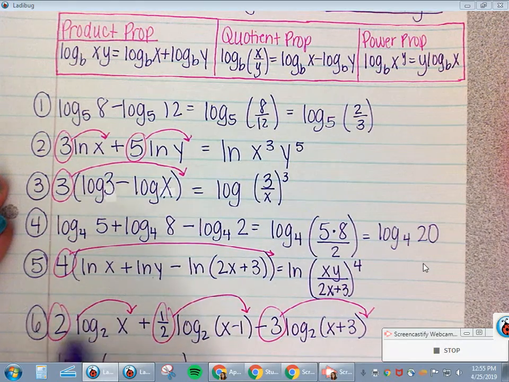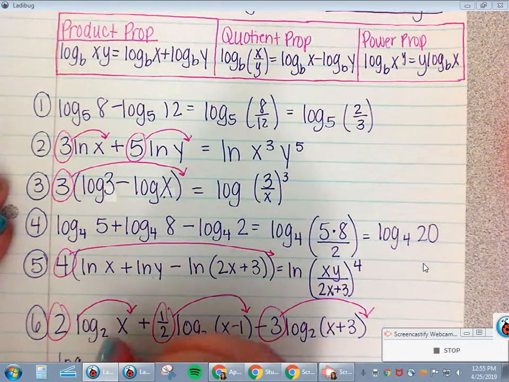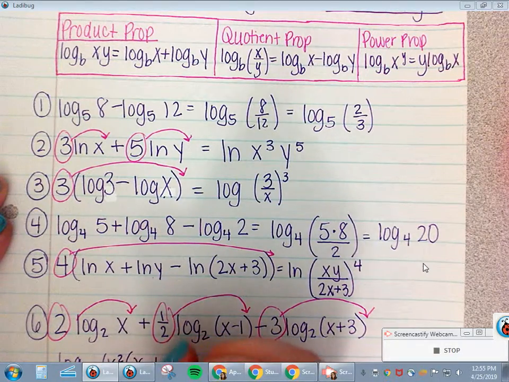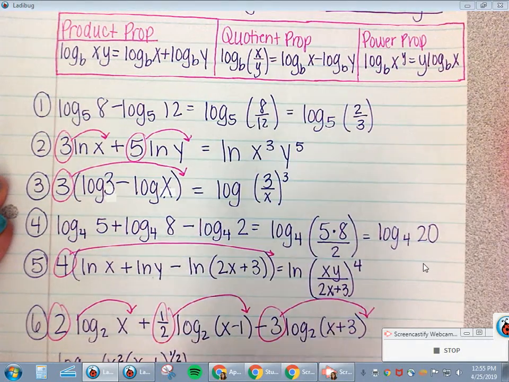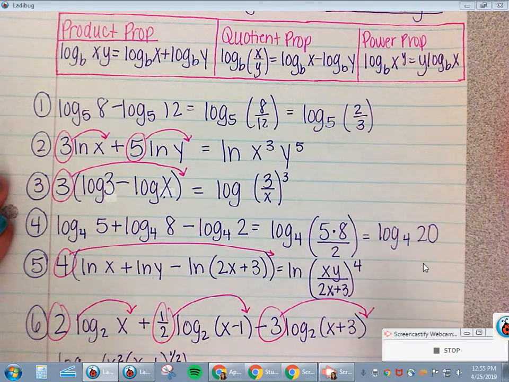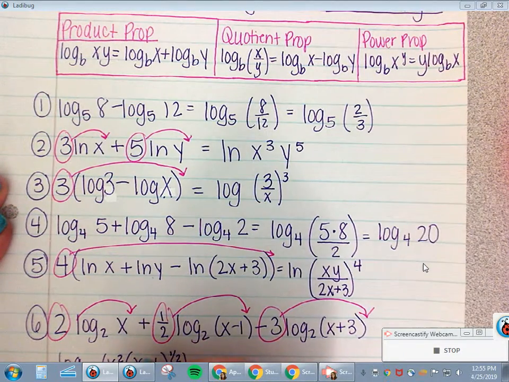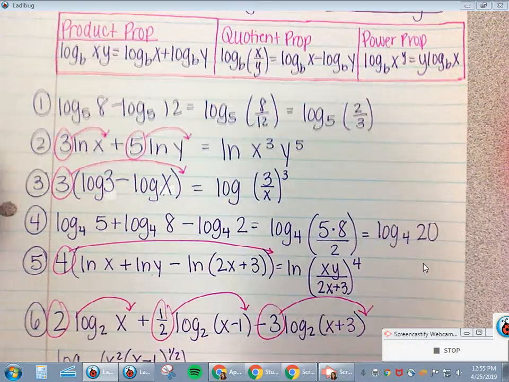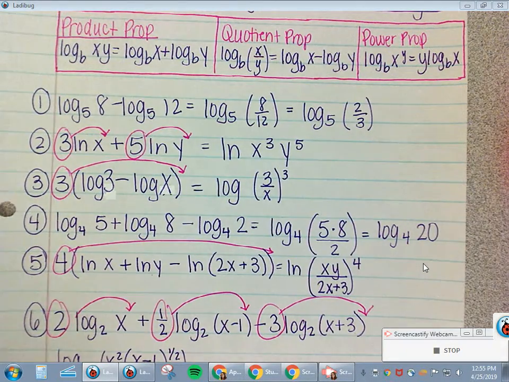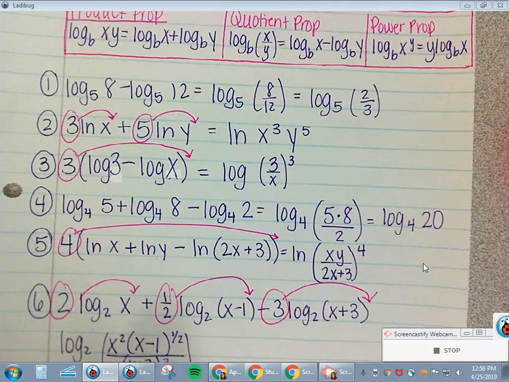x squared times x minus 1 to the 1/2 over x plus 3 to the third. And if there were any common exponents I could pull out, I would. I think the only thing that can happen here is a canceling on top and bottom.